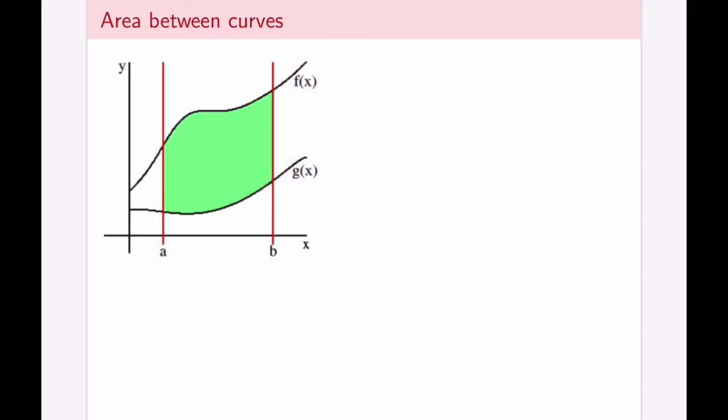The fundamental theorem of calculus and the definition of the definite integral allow me to compute the area between one function and the x-axis. What about the area in between the two functions? Now, luckily, there's something I can do here. If I can compute the area between the function and the x-axis for f of x, and if I can compute the area between the function g of x and the x-axis, then the difference between the two is going to specifically give me the area bounded by them.